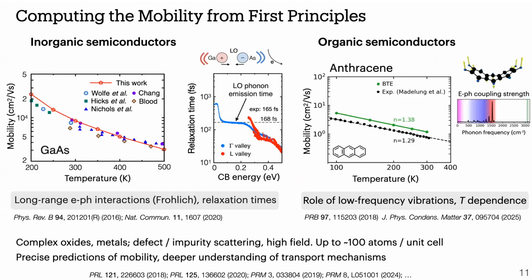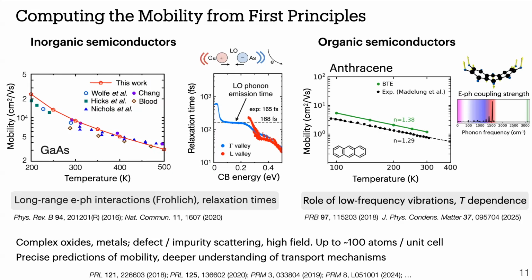Okay, so then using this framework, you can model anything from simple semiconductors, like I've discussed earlier, to far more complex materials. For example, on the right, I'm showing anthracene, which is an organic semiconductor with 50 atoms in the unit cell. Here, for example, in this paper, we have shown that it's the low frequency vibrations that primarily govern the mobility in this material.